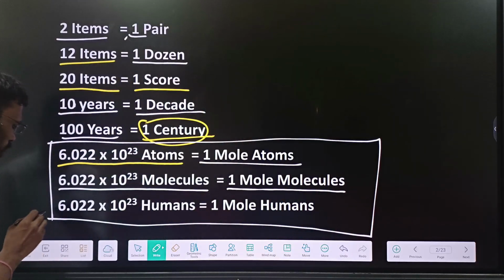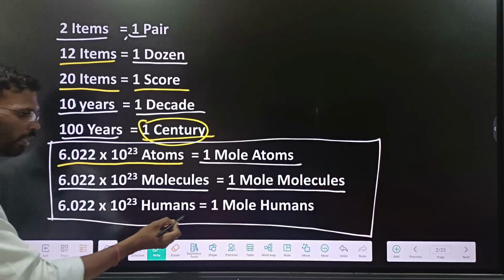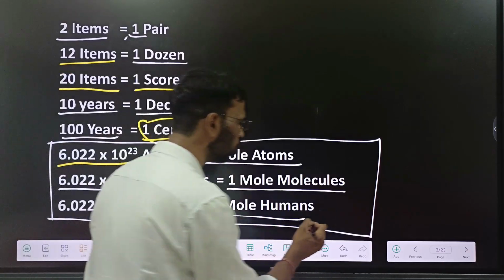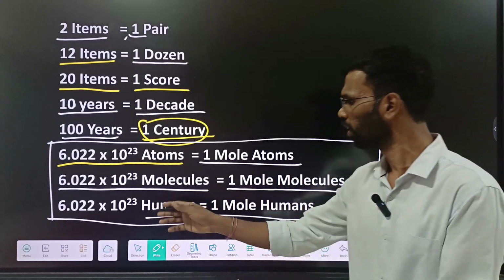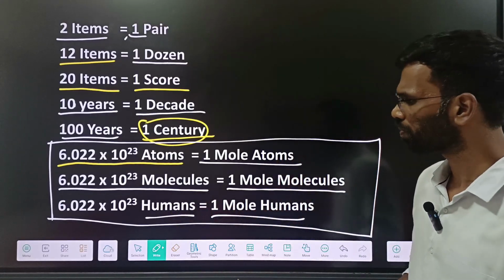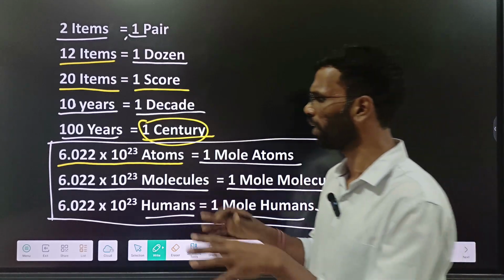I have written something hypothetical here: 6.022 into 10 raised to 23 humans is equal to 1 mole of humans. This is not possible. On the whole earth these many humans are not there.